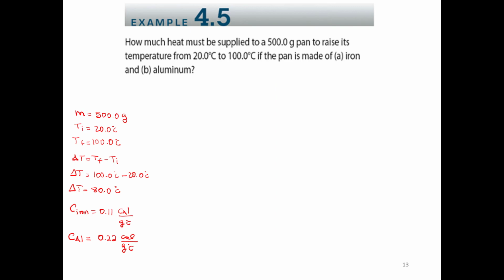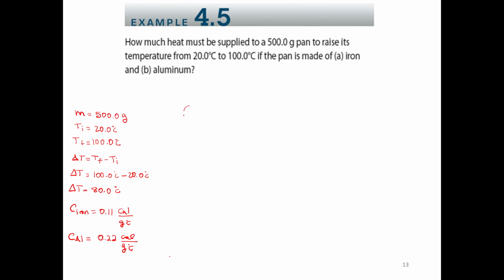And now we can calculate the heat in each case. Let's start with the iron. How much heat do we need to supply if the pan is made of iron? We have mass, we have specific heat. Let's write the equation in general, in this way we save some space here.